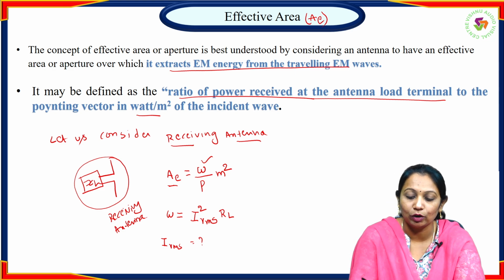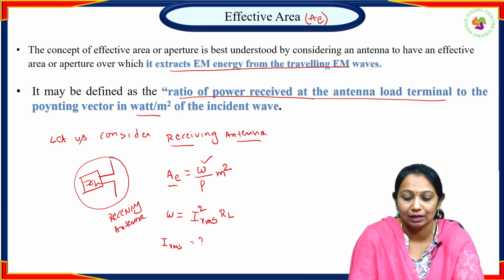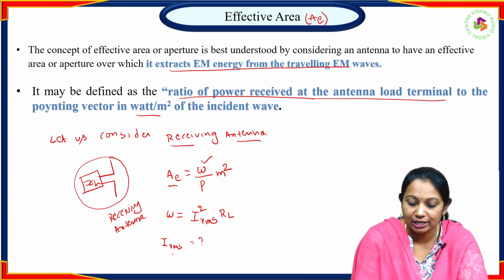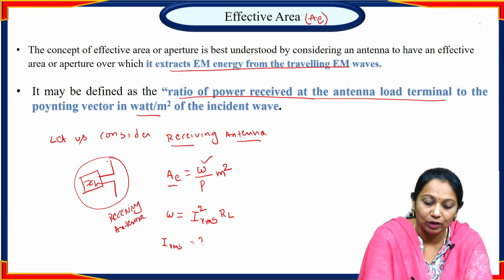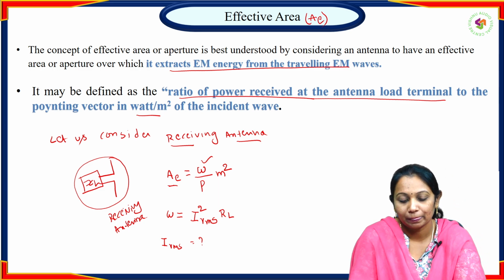So this antenna extracts the EM waves from the traveling waves. To get the expression for IRMS, we replace this antenna with its equivalent circuit, the Thevenin's equivalent circuit.